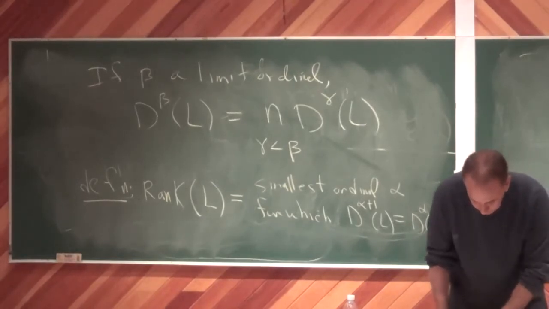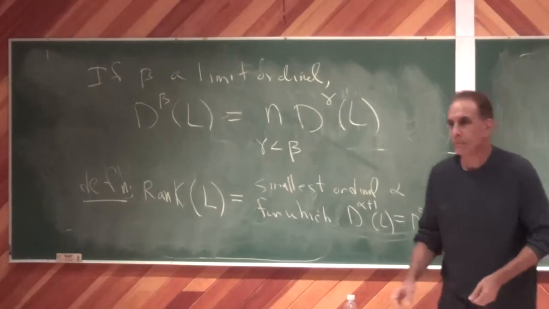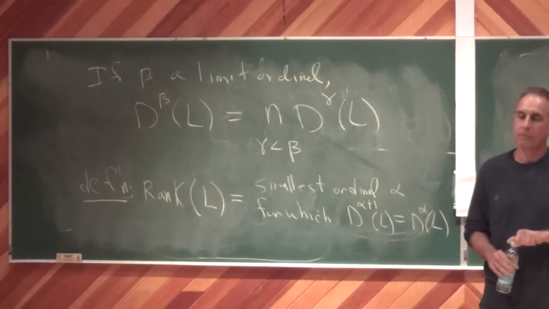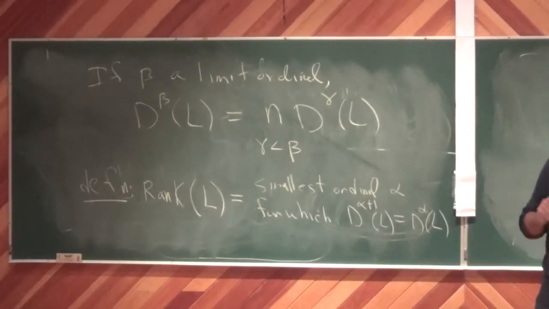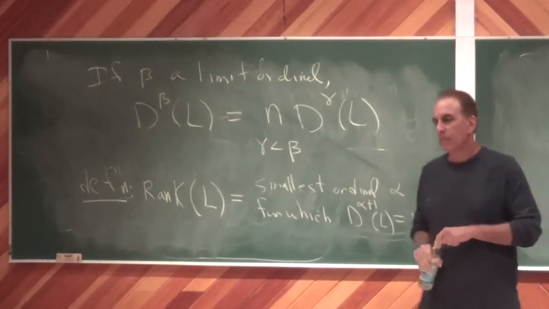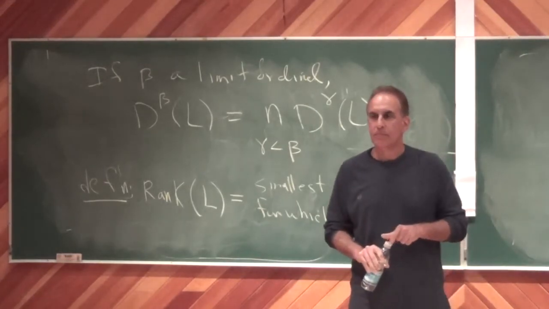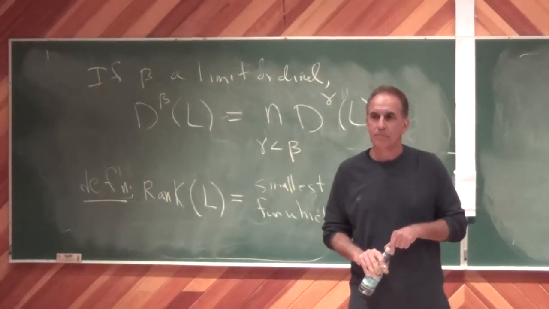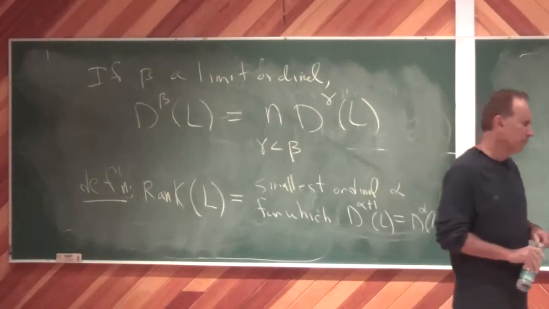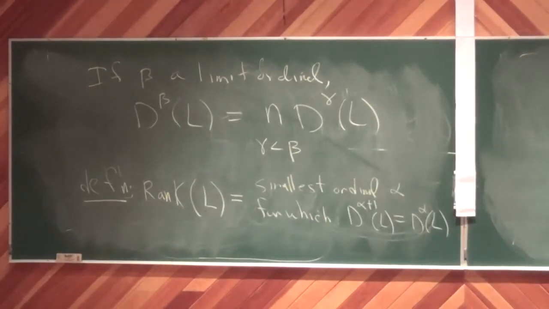Is it possible to start with a lamination and then apply it n times, for n a finite number, it's non-empty, but then at omega you get something empty? Yeah, I think so. This is what I'm after.